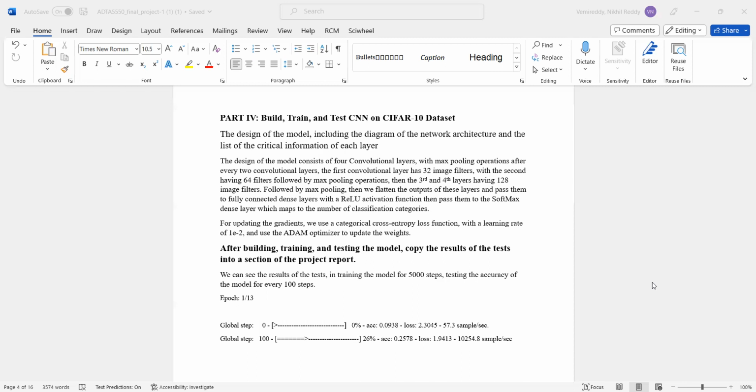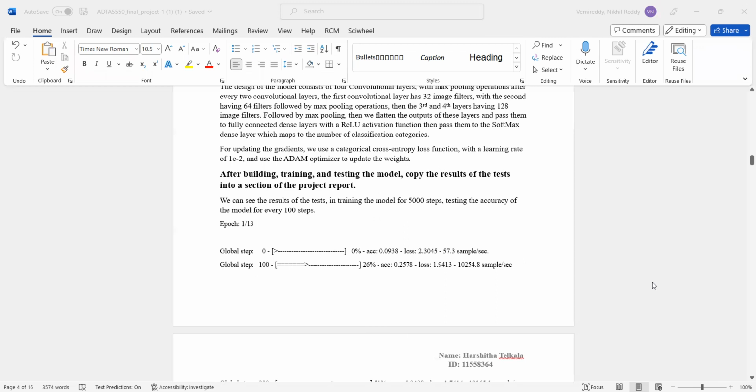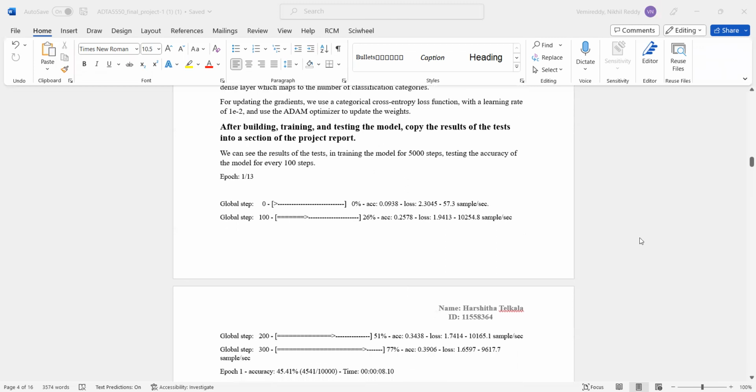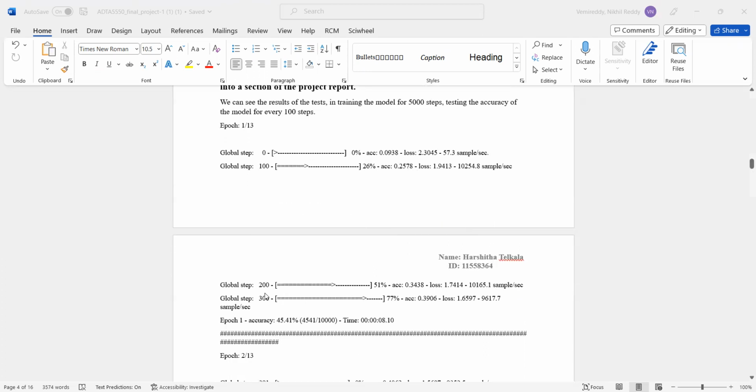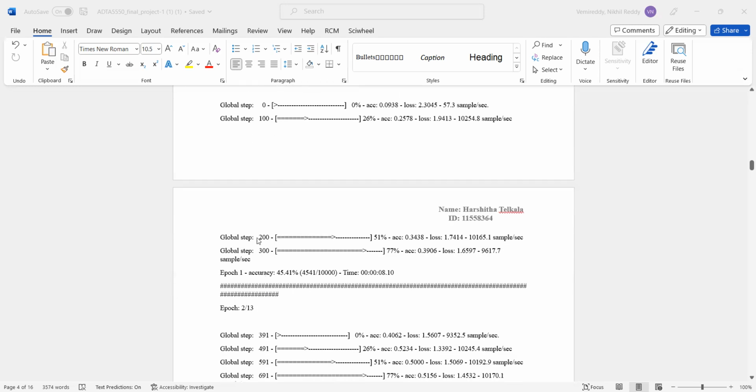For every 100 we can see the accuracy and the loss. As we can see here, the accuracy is 0.2578 and the loss is 1.9413, and the same continues for every 100 steps.